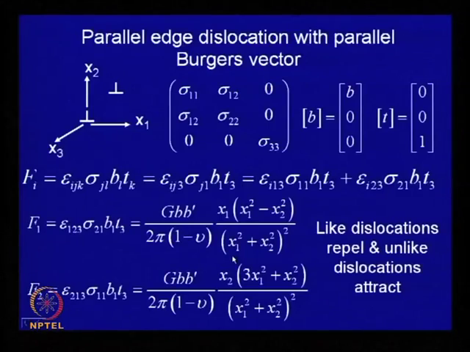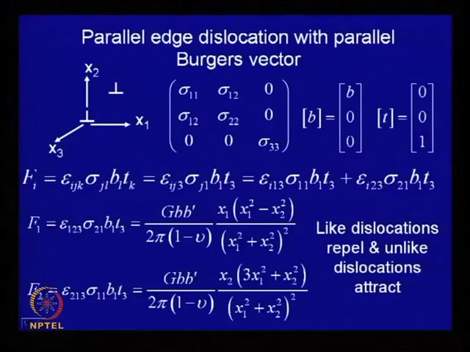Now, a similar calculation in case of an edge dislocation can be done in exactly the same way, following the Cartesian tensor convention I just introduced, and it is very easy to understand the nature of this interaction, which is shown here in this slide. Here also the nature of this interaction will depend on whether they are parallel to each other, whether the Burgers vectors are also parallel.